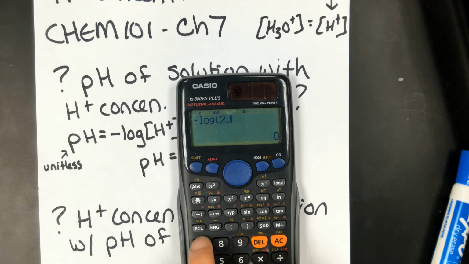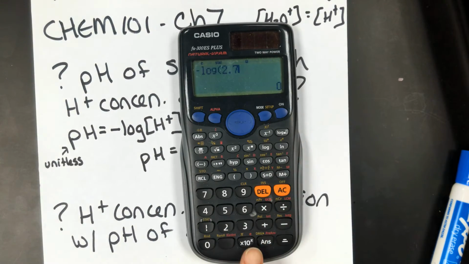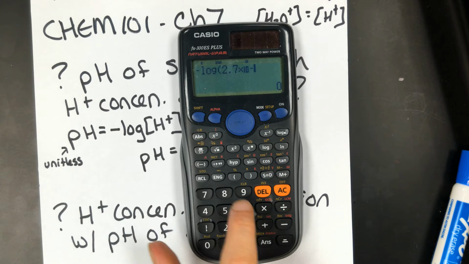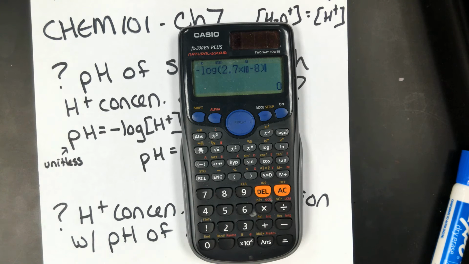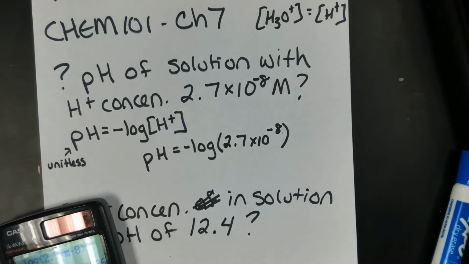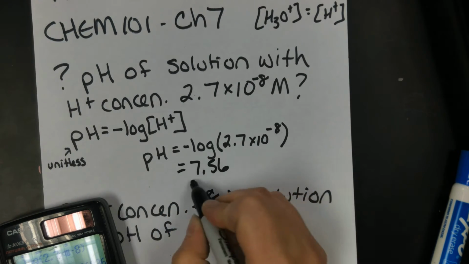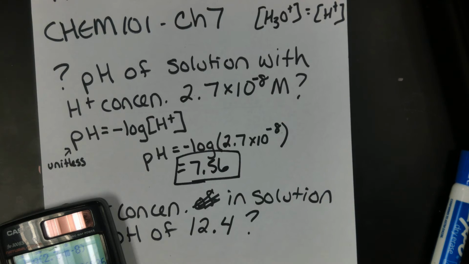So 2.7, and then my calculator has this handy little times 10 to the button, times 10 to the negative 8. Make sure you close your parentheses. Hit enter. I get 7.56. So that is the answer.